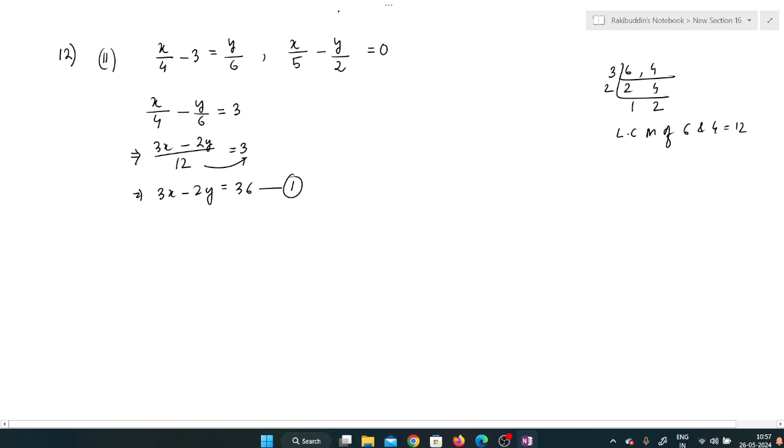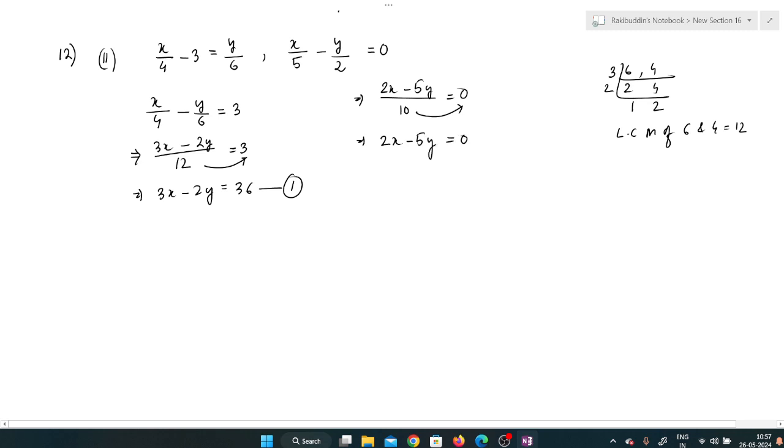Now reduce this equation also, keep it neat and tidy. The LCM will be 10 because both are prime numbers. So here will be 2x minus 5y is equal to 0. If 10 goes to the other side, it becomes 0 multiplied by 10, which is 0.